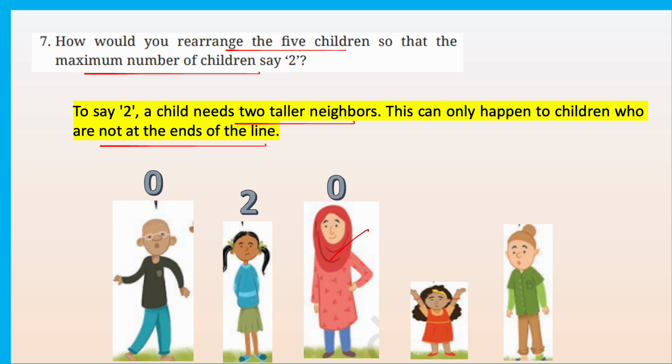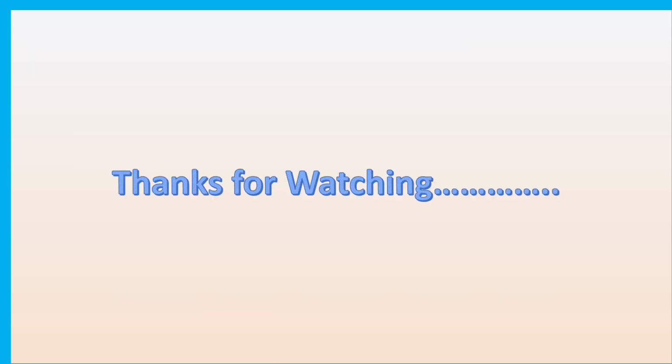So she will say 0. Then the next child, she has 2 neighbors. Both are taller than her. She will say 2. Then the last child, he has only one neighbor and she is shorter than him. So he will say 0. So we can rearrange the 5 children like this.